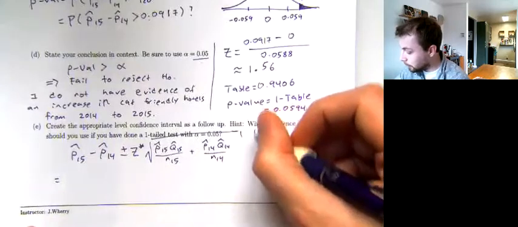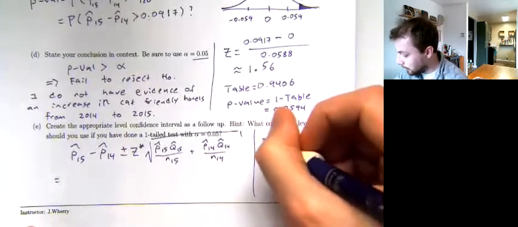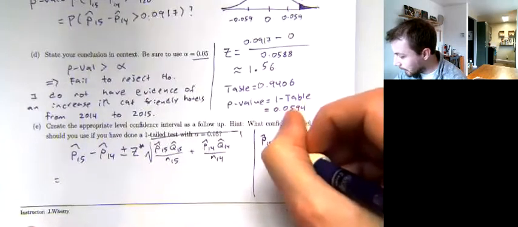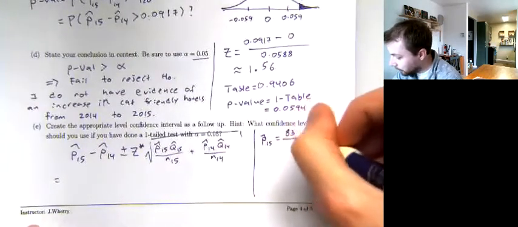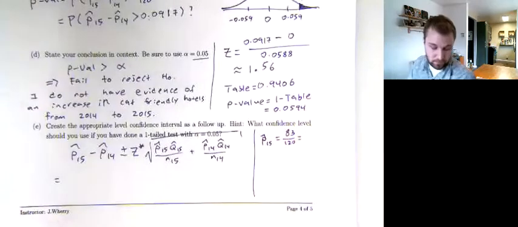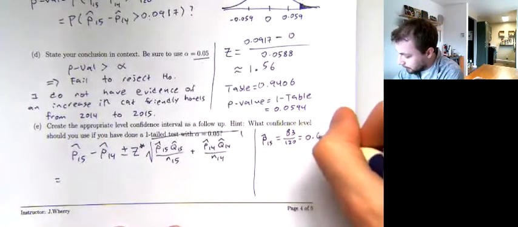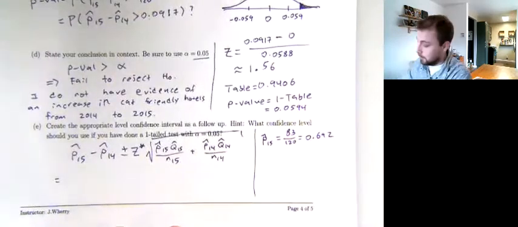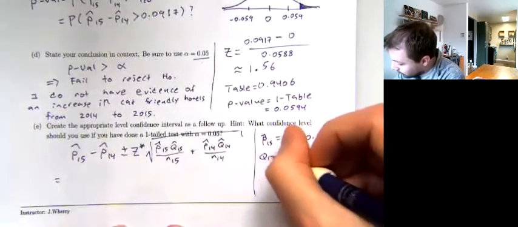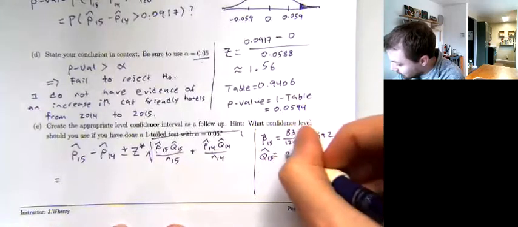So it might help to do a little bit of scratch work on the side. My success rate for 2015 was 83 out of 120 hotels. That as a decimal was 69.2% or so. So my failure rate for 2015 is 1 minus this number.